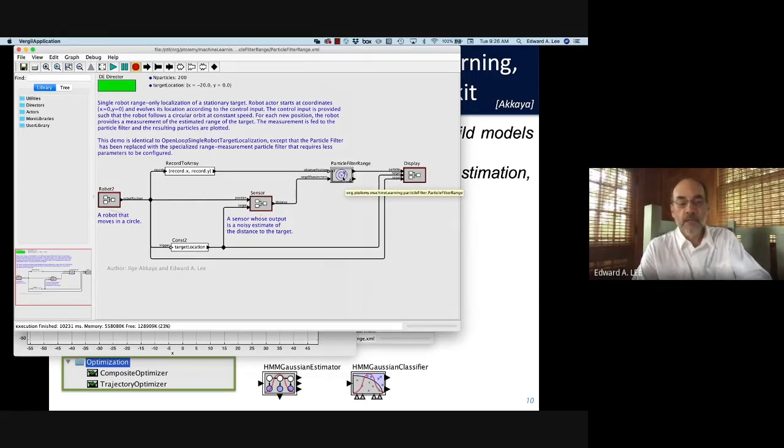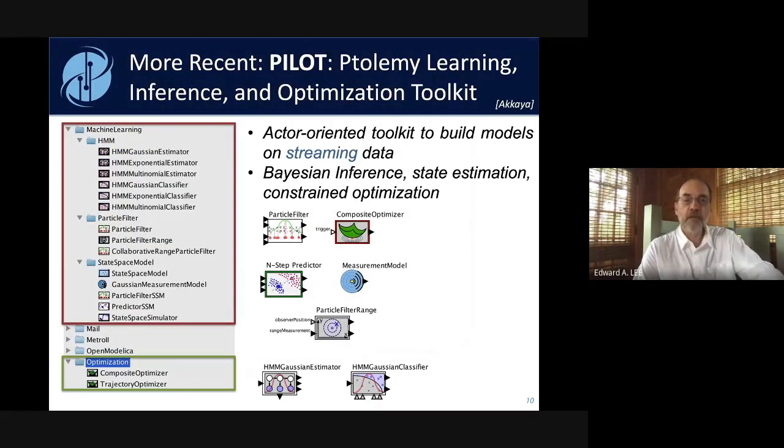In fact, her PhD thesis was very much about a machine learning toolkit built into Ptolemy II, which has things like hidden Markov model support, particle filtering, state space models, and various standard statistical models.